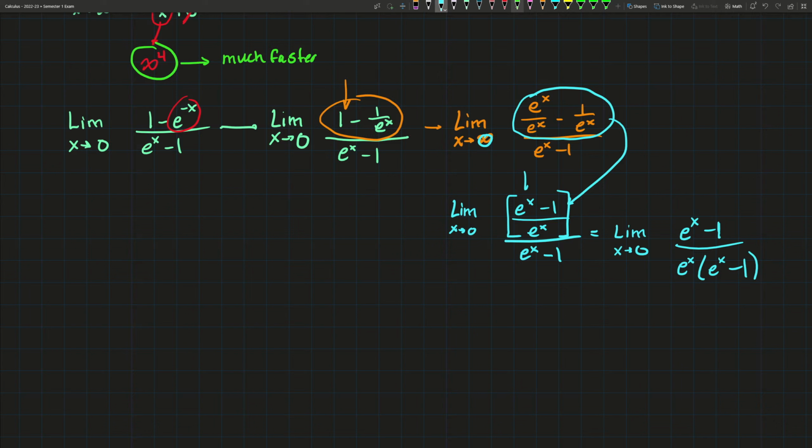There's a common factor on top and bottom. So this whole thing is actually the limit as x approaches 0 of 1 divided by e to the x. Now we can plug in 0. Anything to the power of 0 is 1. So this whole thing is just equal to 1.